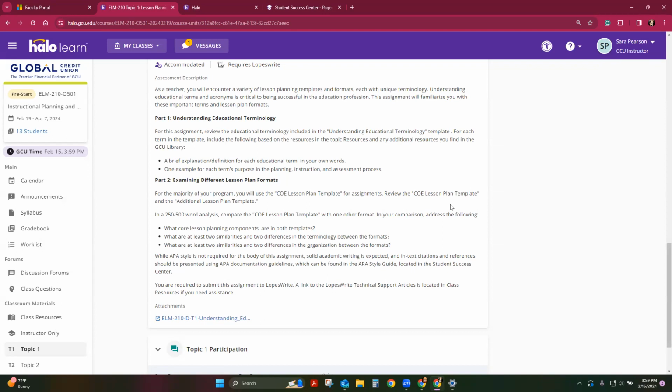For the majority of the program, you're going to use the traditional COE lesson plan template, and sometimes you might use the additional lesson plan template. You can choose to pull those up from the Student Success Center. I also attach them to the assignment.